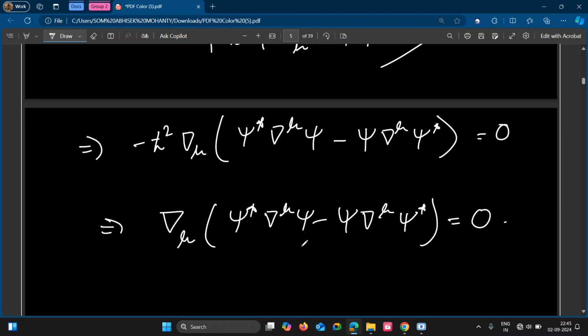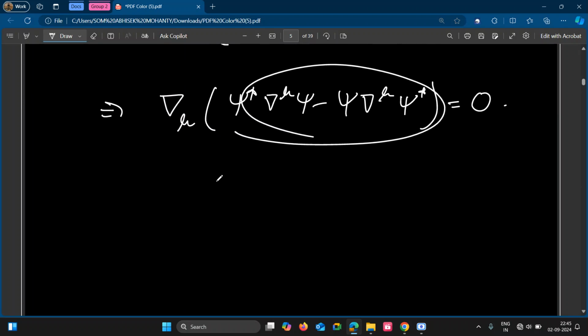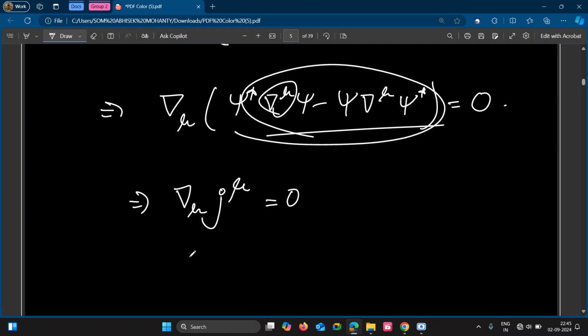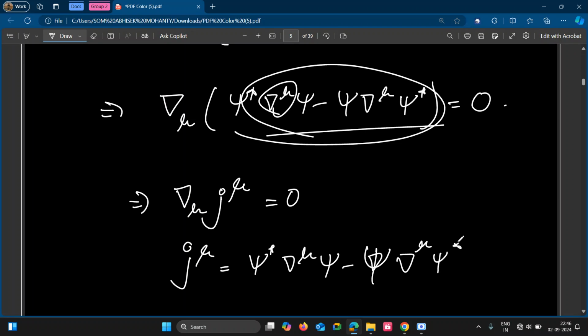Okay, so this is actually your current density four-vector, that is j mu, because this is mu here, mu is contravariant. Del mu j mu is equal to 0. So therefore we can write j mu is equal to psi star del mu psi minus psi del mu psi star.